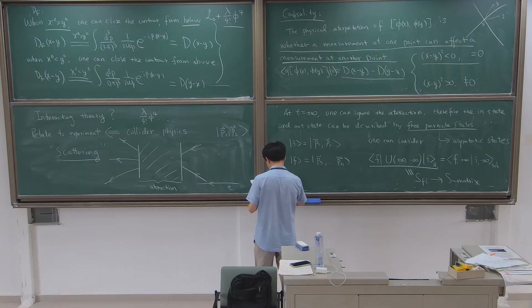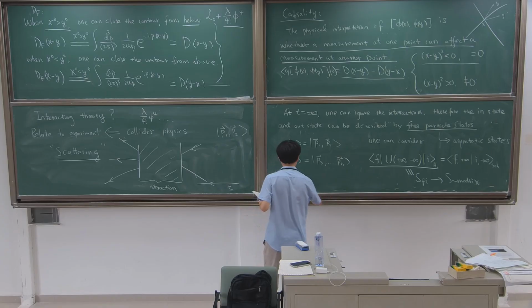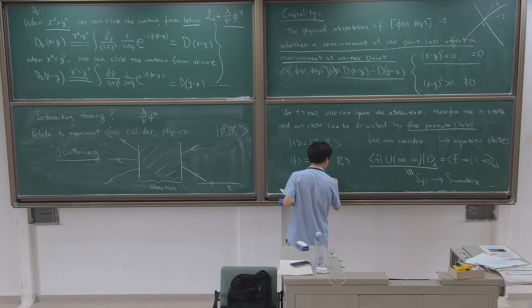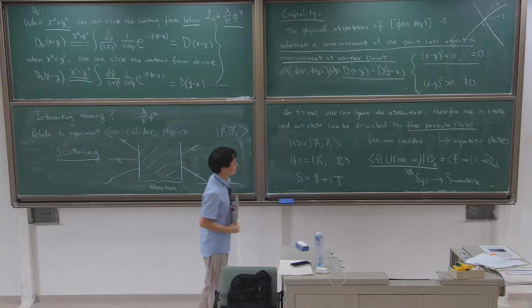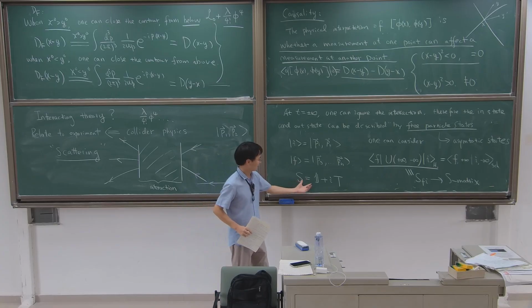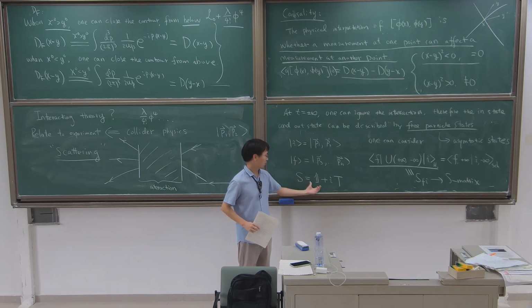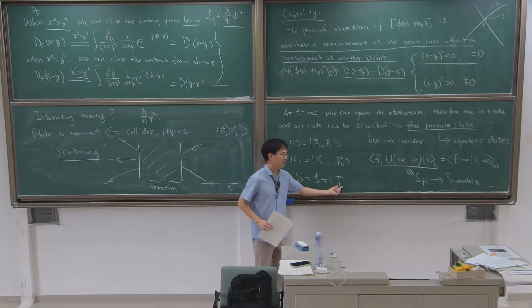For example, I can define S equals identity plus iT. Viewing everything in terms of matrices, I can decompose the identity from the entire S matrix. Then I can define a T matrix, which is sometimes called the transfer matrix. Never mind, this is T.